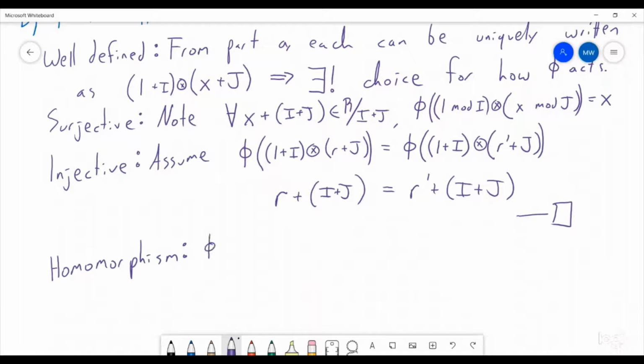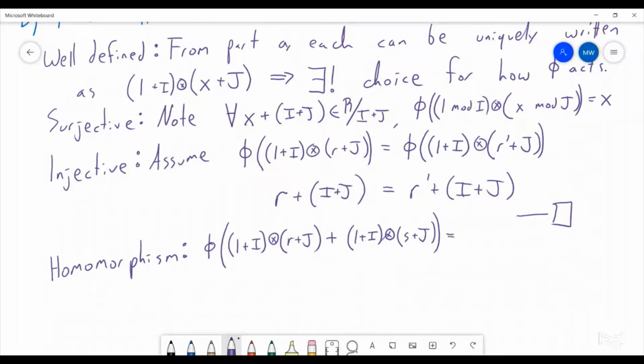So let's look at phi of 1 plus I tensored with r plus j, plus 1 plus I tensored with s plus j. Now I'm only doing this for simple tensors because if it's true for simple tensors, it'll be true for any tensor, and so we only really have to look at this over simple tensors.